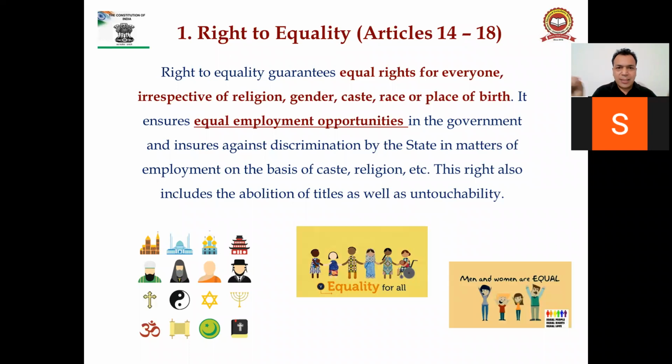Under the 6 fundamental rights, the first is the right to equality, Articles 14 to 18. It guarantees equal rights for everyone, irrespective of religion, gender, caste, race, or place of birth, right? What does this article ensure?